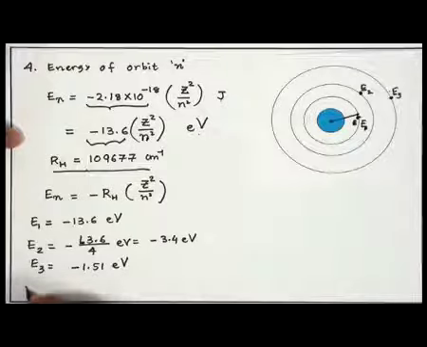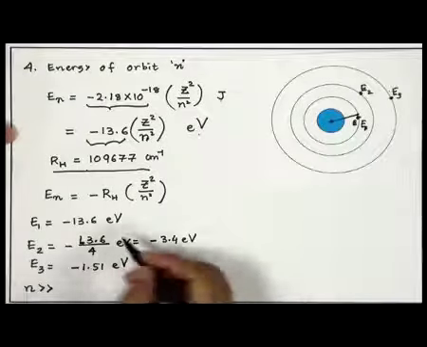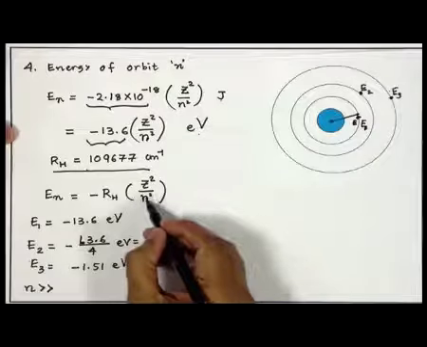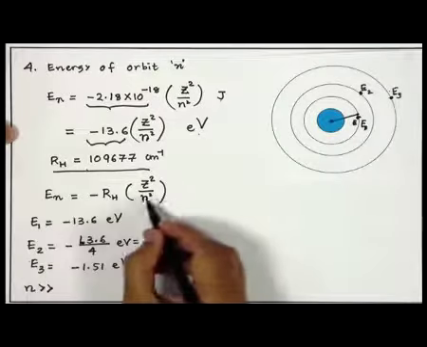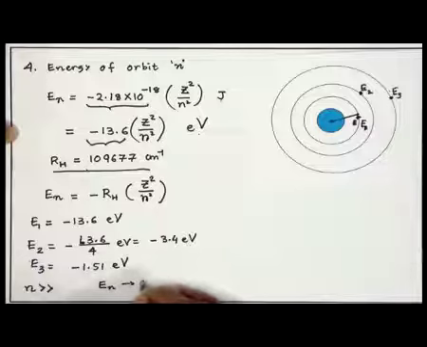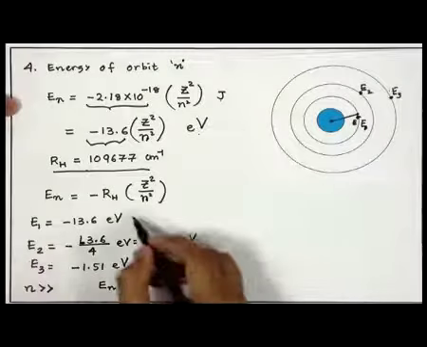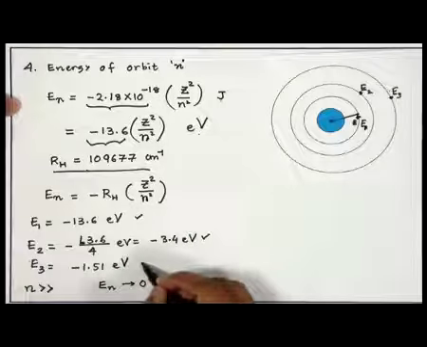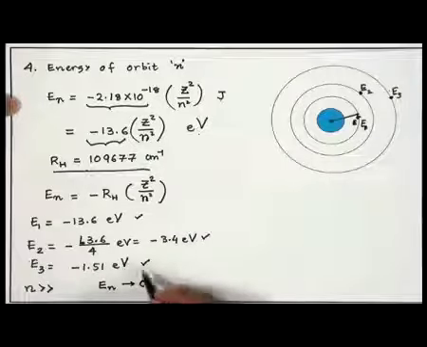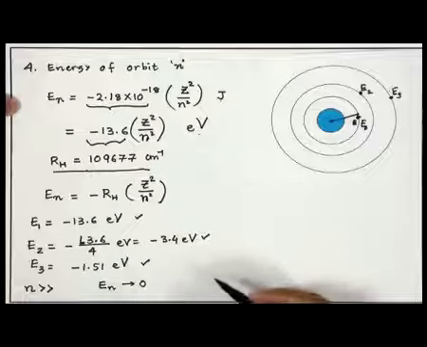If n is very large, you see the energy decreases as n square. So, very soon when n is very large, E n goes to 0. One interesting thing that you would see is that the energy of these stationary states are all negative, and it approaches 0 when n tends to infinity.